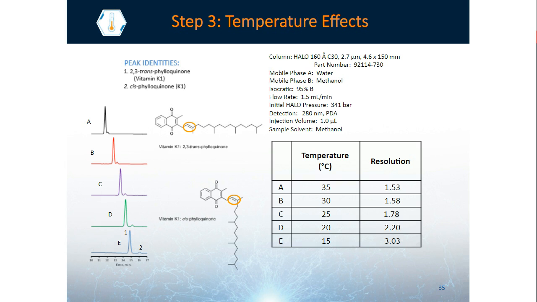So of course, you would need an oven that can cool to below ambient temperatures in order to do this separation. But in terms of different isomers, sometimes running at lower temperatures is an advantage and will help you get the resolution that you need for your separation.